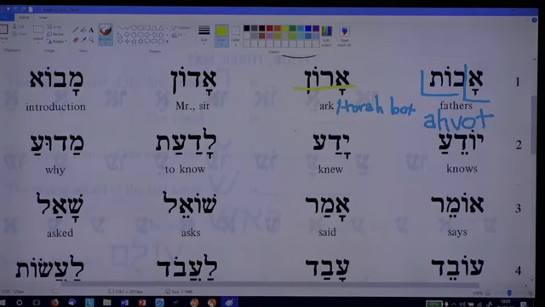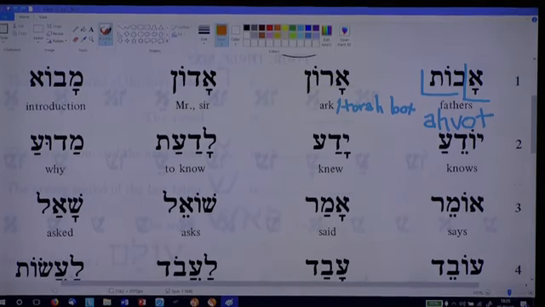Does it show up on a screen? Okay, I don't want it to show up a whole lot. That's the line, so you can see the last letter has a tail that's dropping below the line. Okay, so this must be R-O-N, Ron.